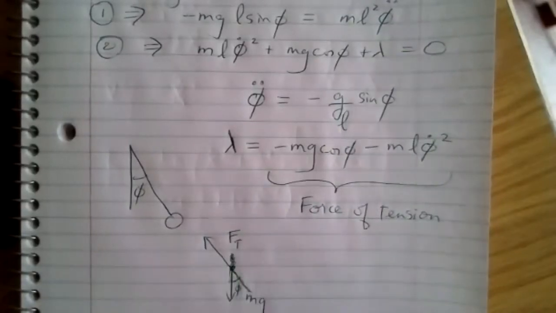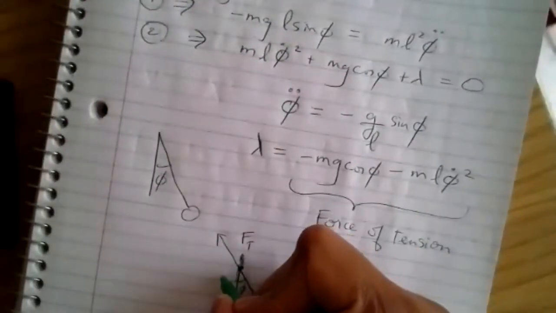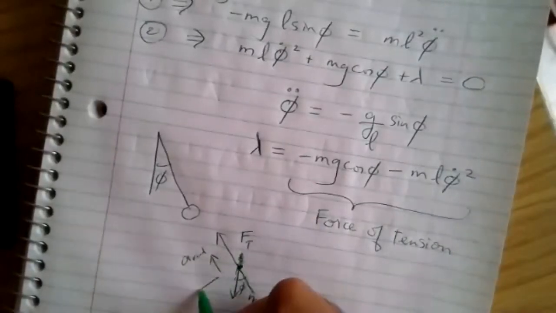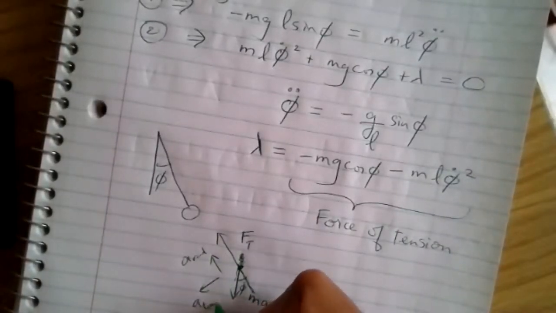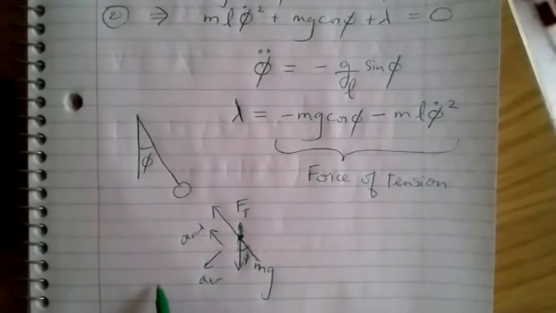In general, the bob of the pendulum will have two types of acceleration. It will have radial acceleration, and it will have tangential acceleration. Right? Because as it swings, it's speeding up until it gets to the bottom.